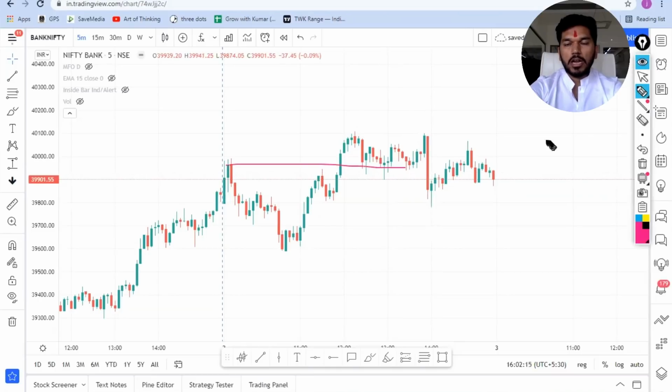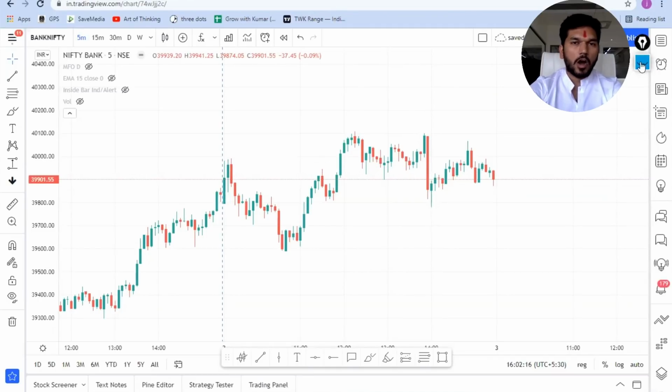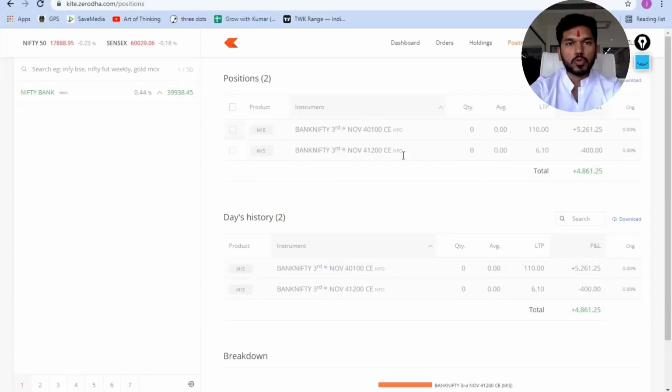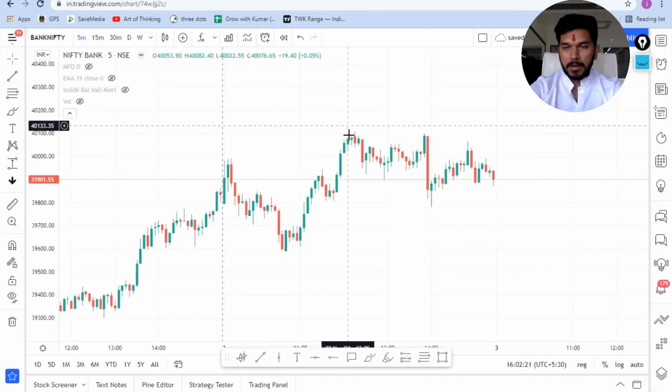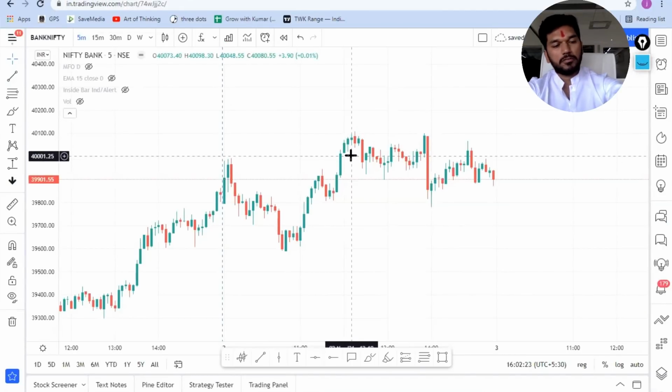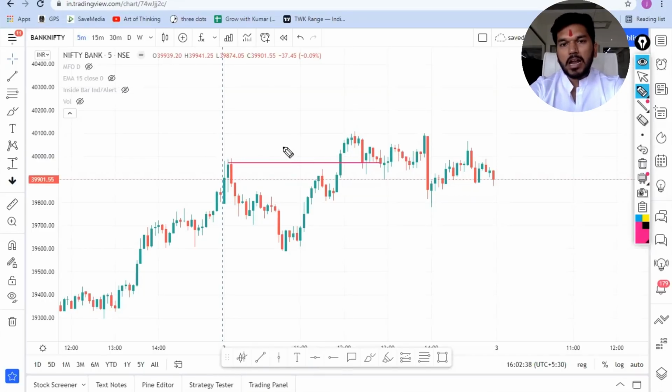Now let's move forward and understand how I made the best use of this particular breakout, which actually was a fake breakout, and I was able to make a decent gain on a very small capital of 2 lakh rupees. Let us understand how I made the best use of this fake breakout to profit from the trap buyers.